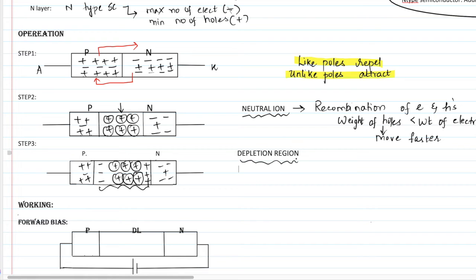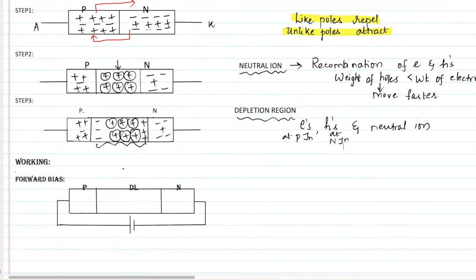Okay, so depletion region is the electrons, holes and neutral ion. So electrons at P junction and holes at N junction and the neutral ion. This is called the depletion region.